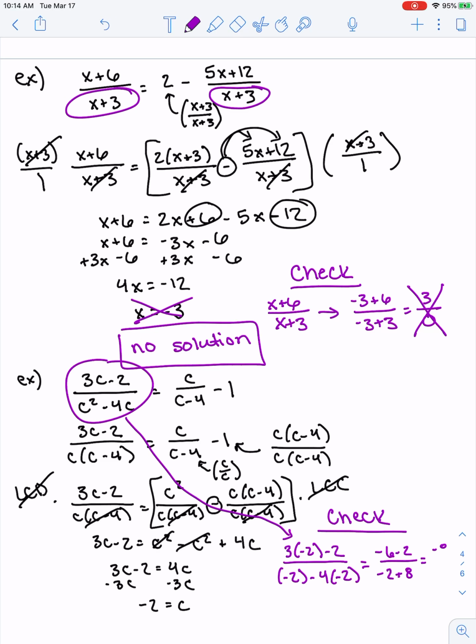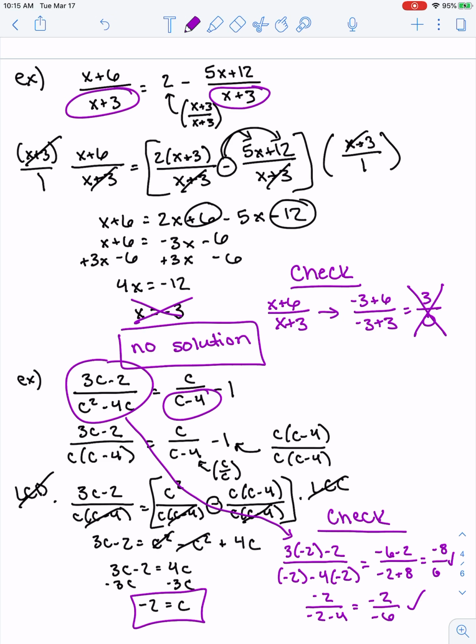So I get a negative 8 over 6, which is a real number. And if I plug it into this one, I get negative 2 over negative 2 minus 4, which is equal to negative 2 over negative 6. And that's also a real number. So this is a valid solution.